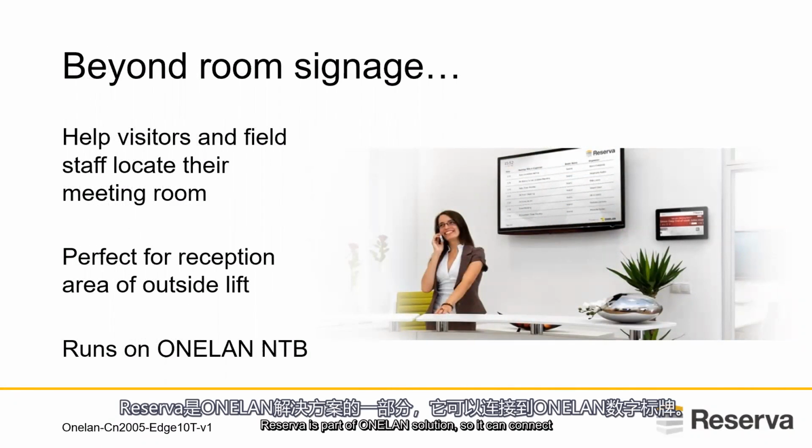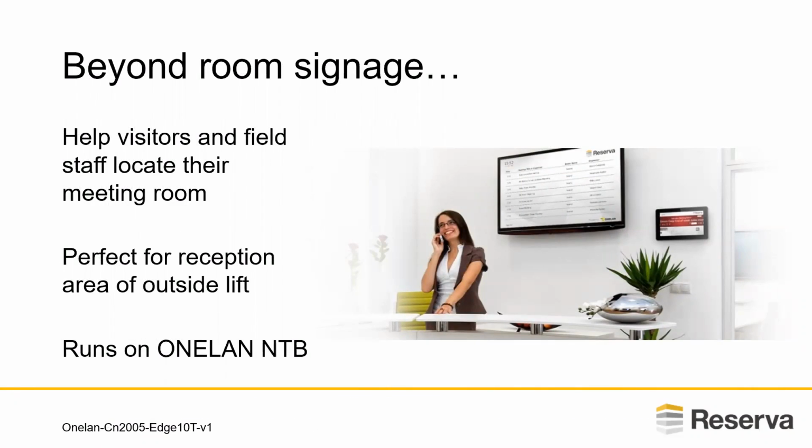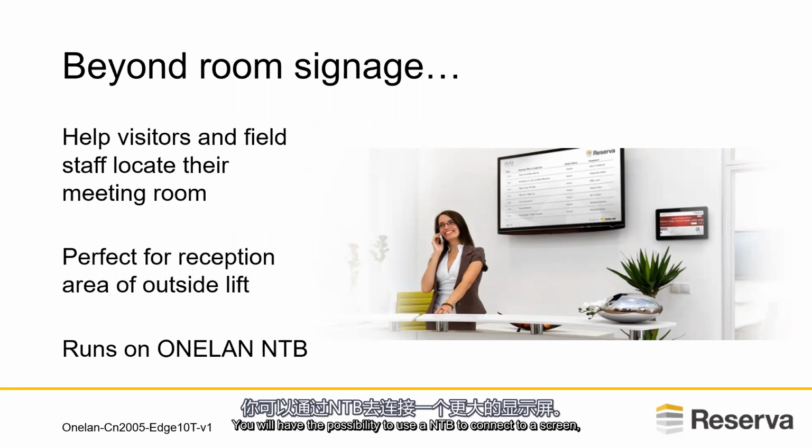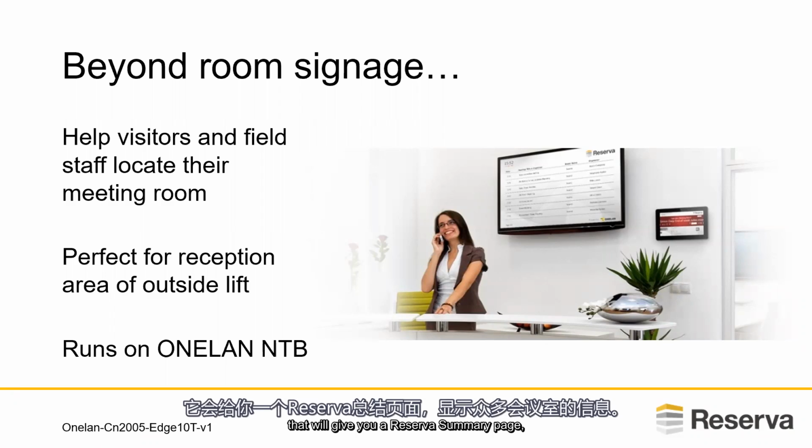Reserva is part of the OneLAN solution, so it can connect to the OneLAN digital signage. You will have the possibility to use an NTB to connect to a screen, probably a larger size screen, and run on that NTB HTML content that will give you a Reserva summary page.